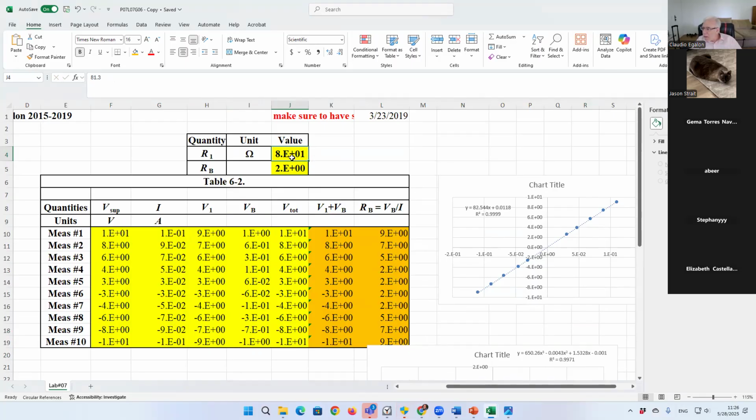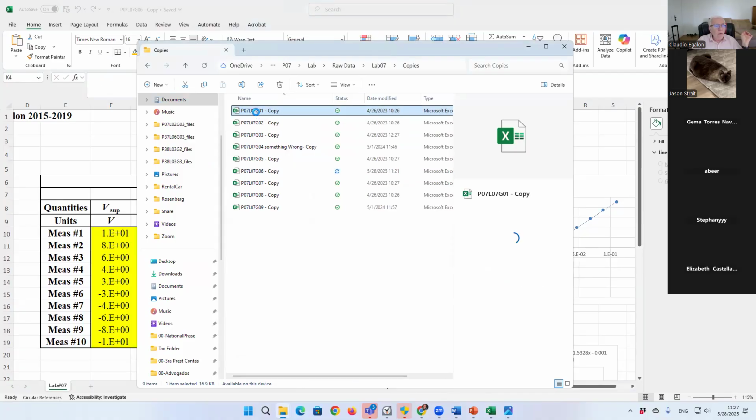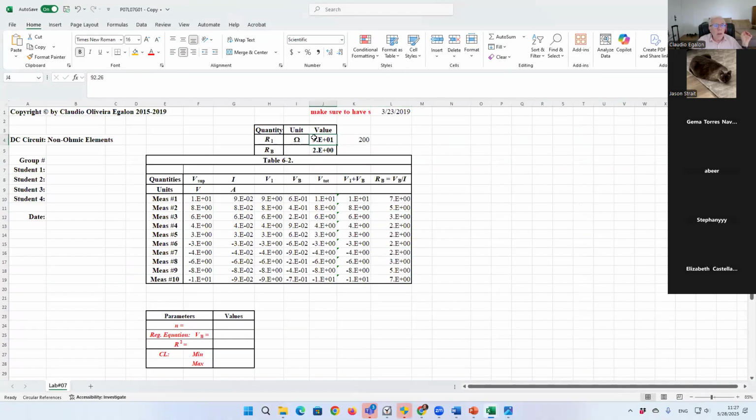Just click the cell and read the number in the window upstairs. And what's your group number for the spreadsheet, Justus? Group one? Okay. Let me check. No, I don't think it's group one. I think it's something else.